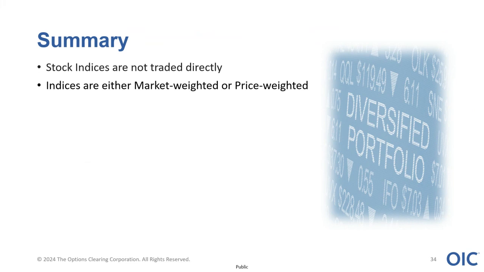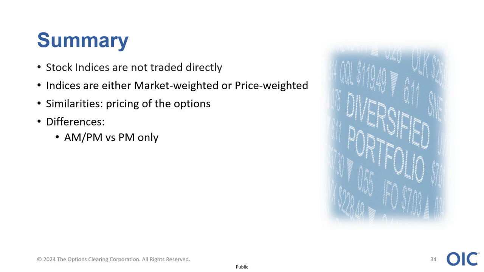Now, indices are either market weighted or price weighted. Remember how we talked about that? The similarity of these options is that the pricing of the options is very similar across the board, and you're going to get the same types of optionality. The optionality is really fungible across all of these options.